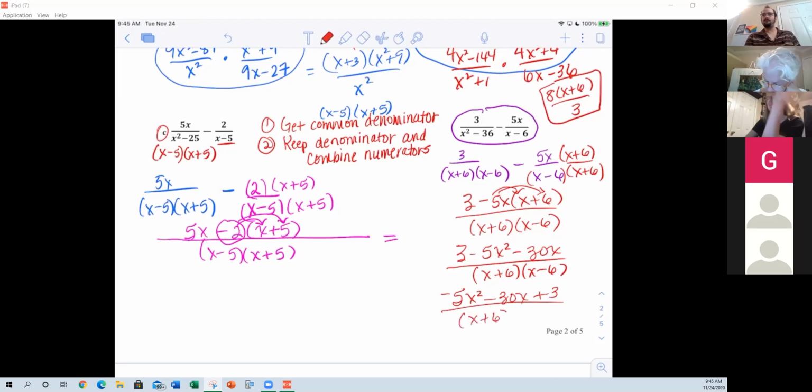Great. We got it. So you get a common denominator. Once you've done that, you keep the denominator, combine the numerators, and then you simplify.